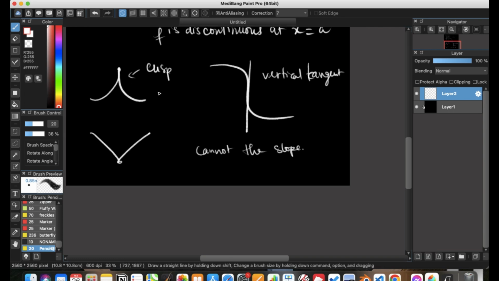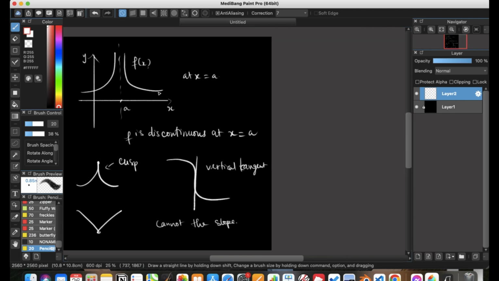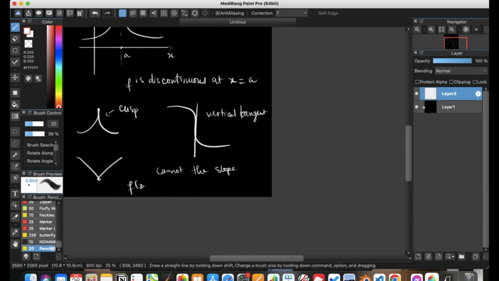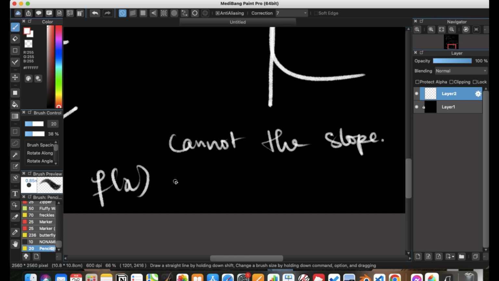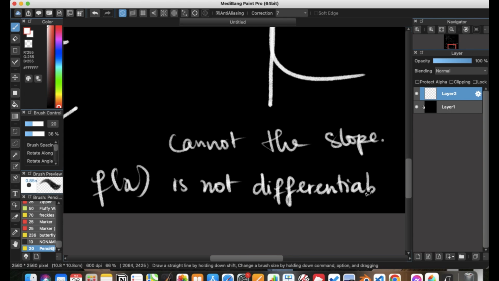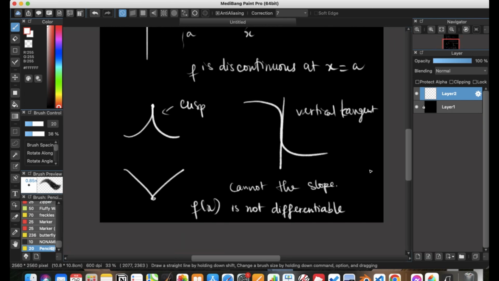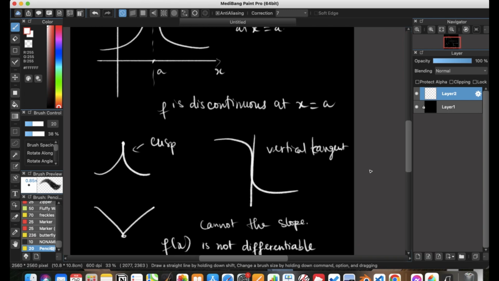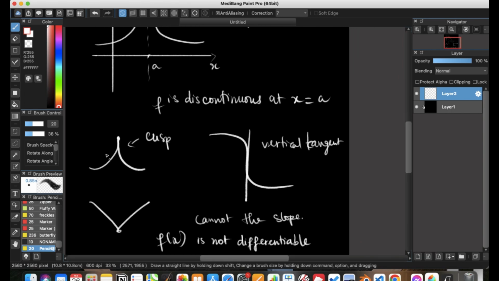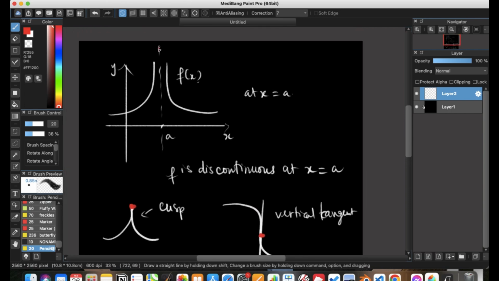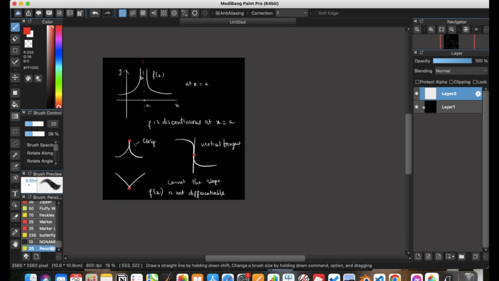So in all these cases, the function f(x) is not differentiable. Therefore, you cannot determine the derivative of the function at these special points, right? Because simply the derivatives do not exist.